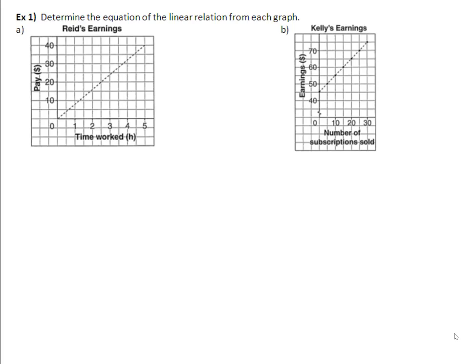The point I would choose on this, because it's nice and rounded, is this point here signified by an x, which is (5, 40). To figure out your slope, or your m value, you put your y value, which is your rise, because you rise 40, you run 5, so 40 over 5.